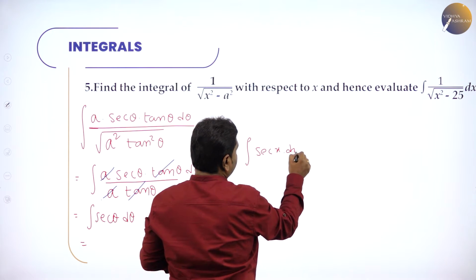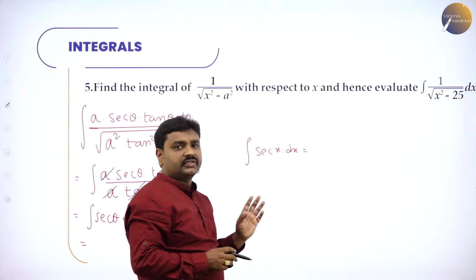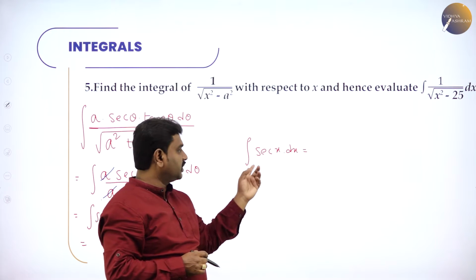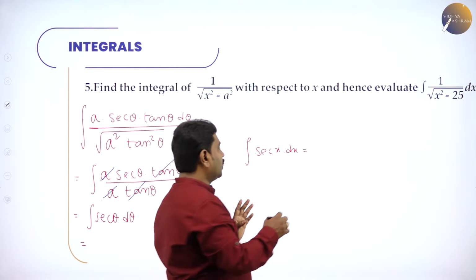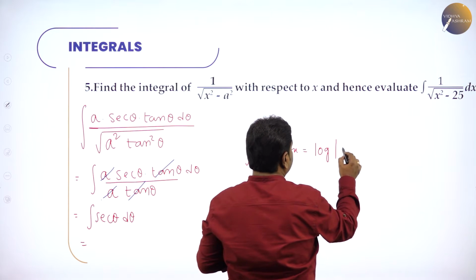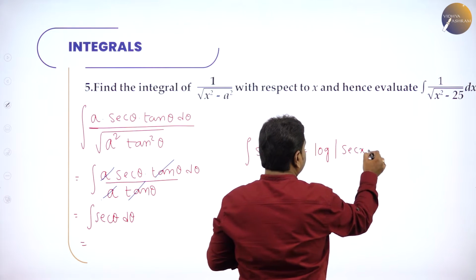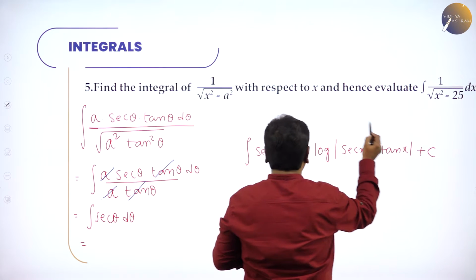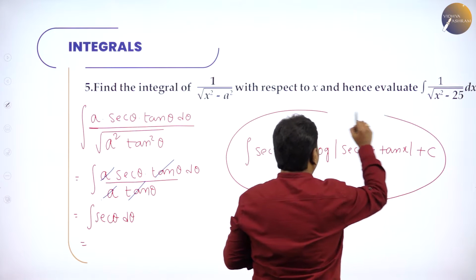In the formula list I gave, integration of tan x is log of secant x. Integration of secant x is log of mod of secant x plus tan x plus c. This is the formula which we have in the indefinite integral formula list.